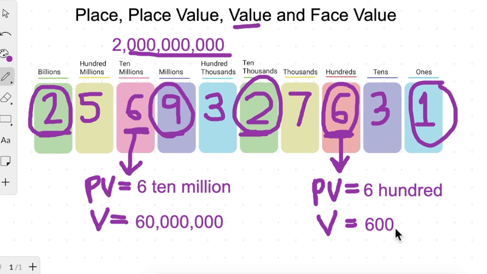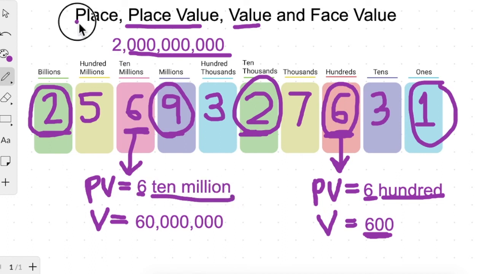Value is when we write the value of a digit in numerals. And place value is when we write place value as the digit and the place. I wrote the digit here and then the place. So this is the place value. And place is where it is located, where this digit is located.